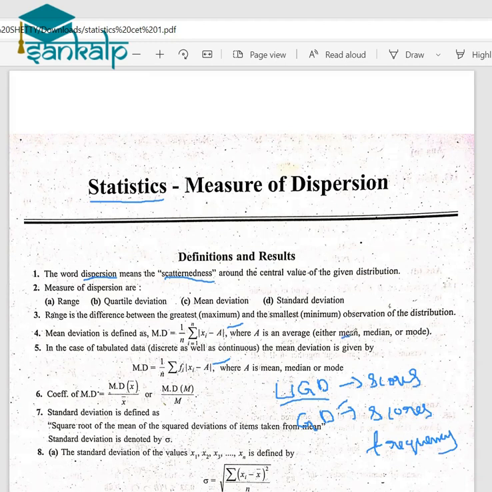You need to know the formula for mean in case of ungrouped data and grouped data, median in case of ungrouped data and grouped data, and mode in case of grouped data as well as ungrouped data.